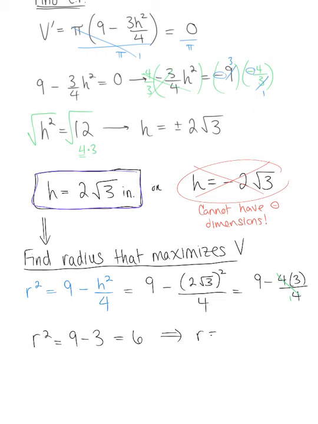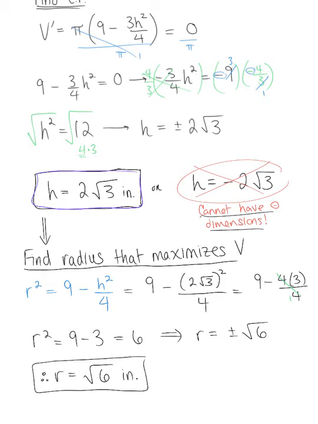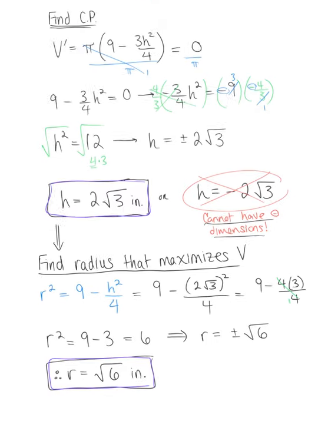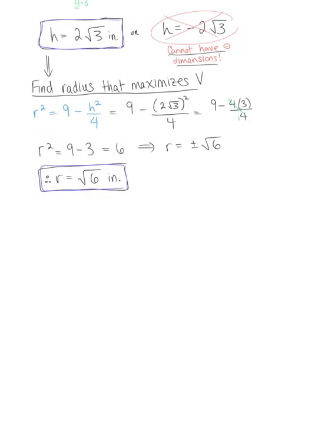And so we're left with a radius being equal to plus or minus the square root of 6. Again, we cannot have negative dimensions. So therefore, the radius that maximizes the volume is just the square root of 6. And don't forget inches. So these are the dimensions that maximize the volume, and we'll now use them to find the maximum volume.